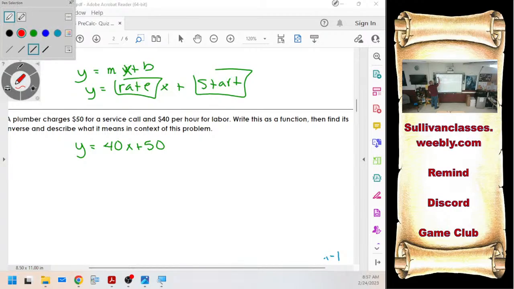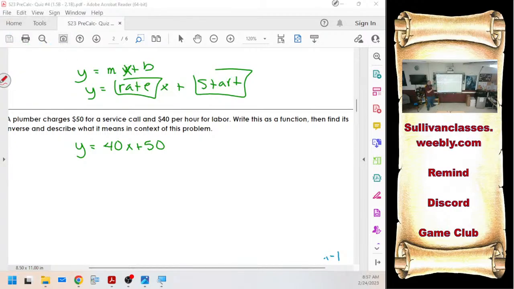I would like to write this in terms of what are y and x in this problem? Not just money. If I want to write it in function notation, I have to say, what do they mean? X is what? Hours of the service call, $40 per hour. What would y be?